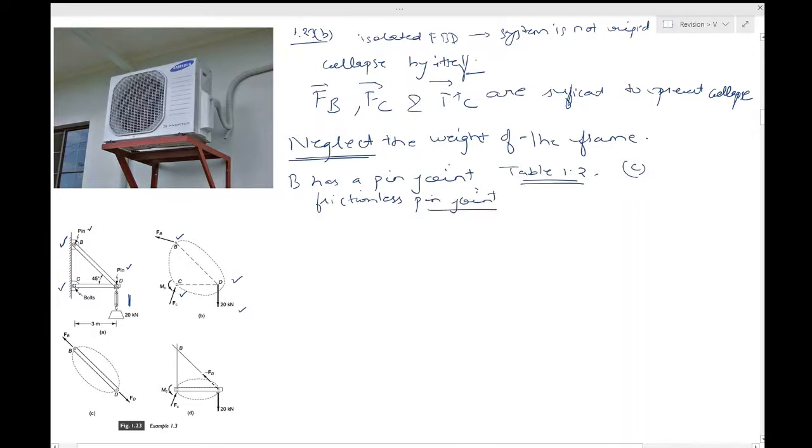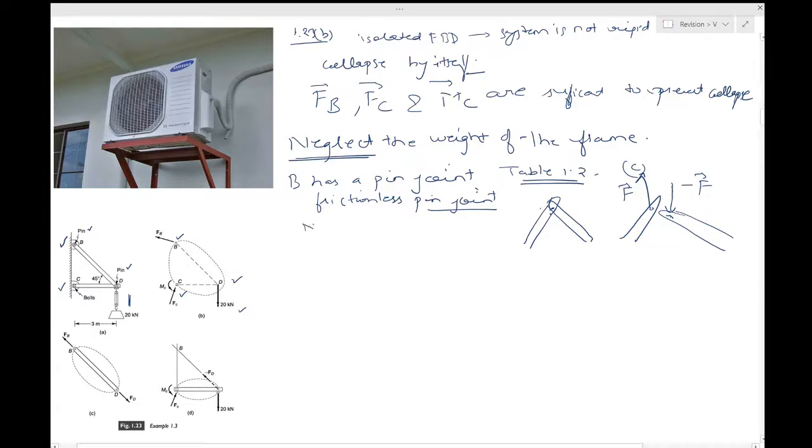So you will have just say a force. If this is your pin, all it tells you is this F. So there is a force which is drawn, which passes through the pin, and there is no torque about the pin.